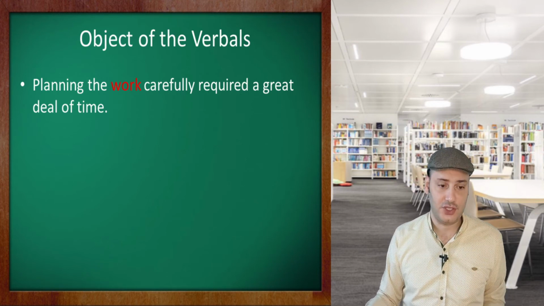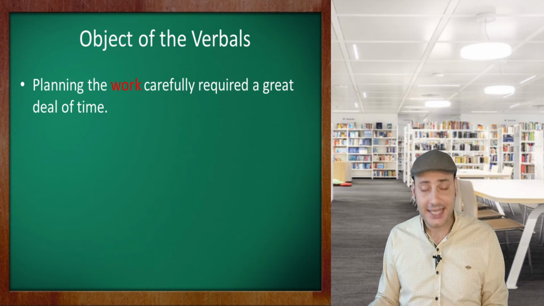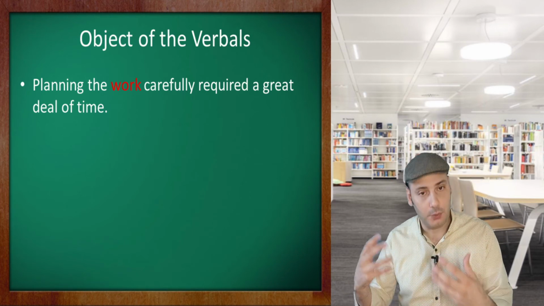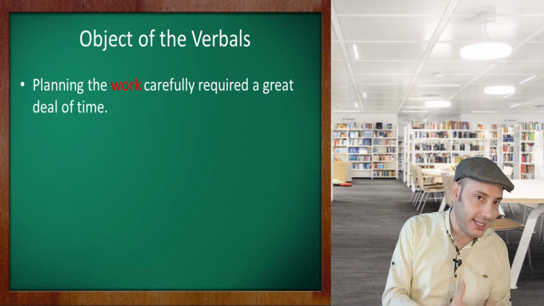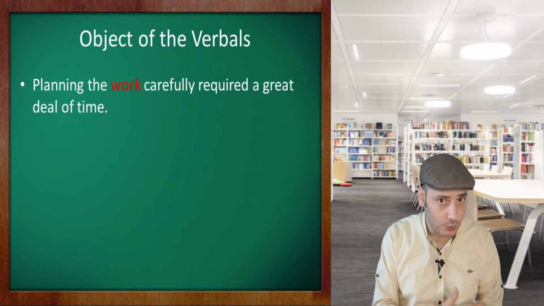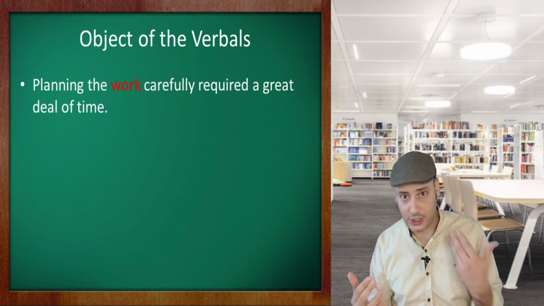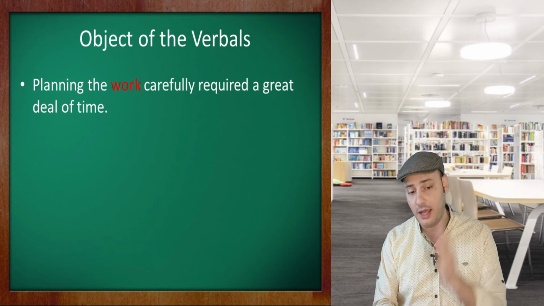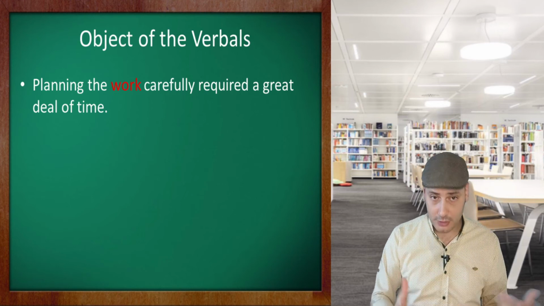Let's just see the example. Planning what? Planning the work. So the work is the object of planning, but planning is a noun, yet it has got an object. So that's why we call them verbals. They are half nouns, half verbs.